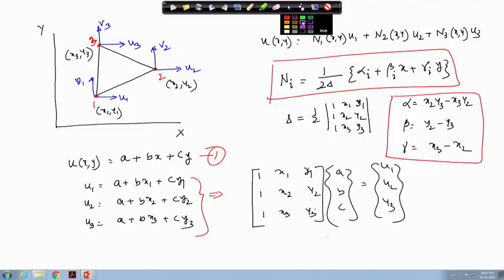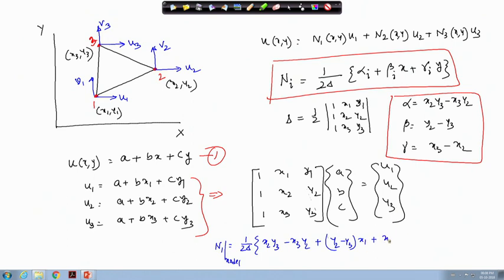You can take, for instance, N1. N1 will be 1 by 2 delta times (x2 y3 minus x3 y2, plus beta, which is y2 minus y3, times x, and if I am calculating at node 1, then this x will be x1, plus gamma, which is x3 minus x2, times y, and again this will be y1).